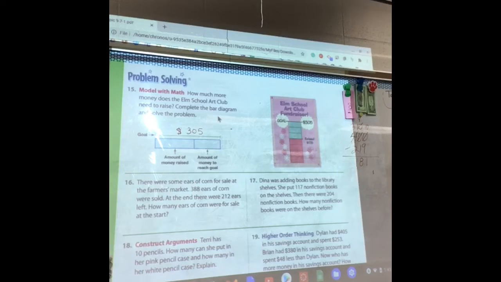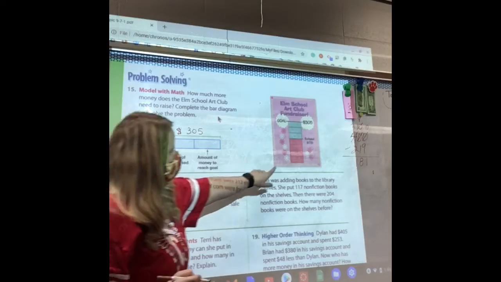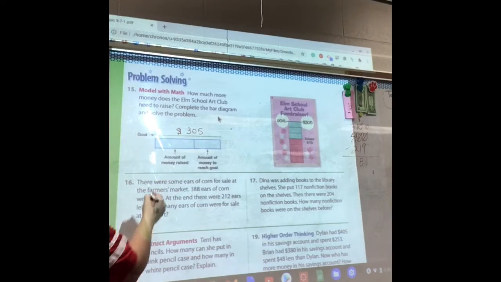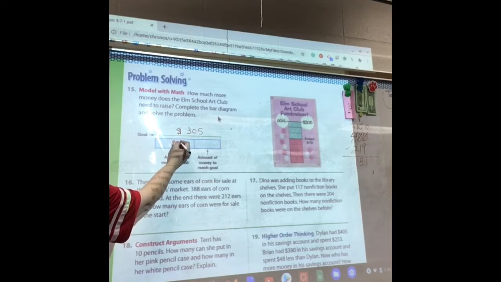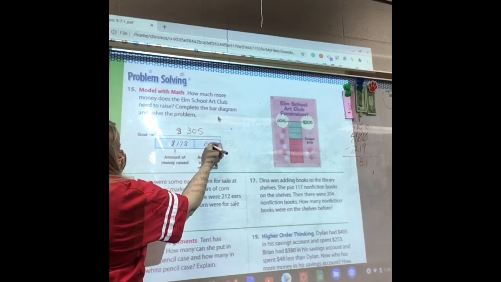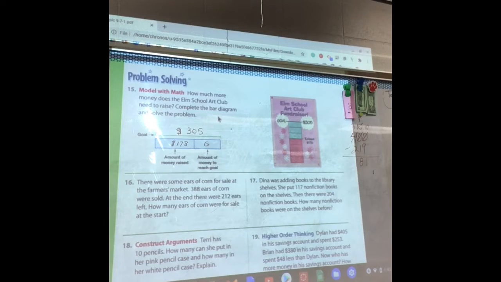Okay, and then how much have they already raised? 178. It tells us amount of money raised, okay? Now, you can put a question mark here, or you can put a letter, like we could use the letter G. What do we call that in math when we use a letter or a symbol? Does anybody remember?